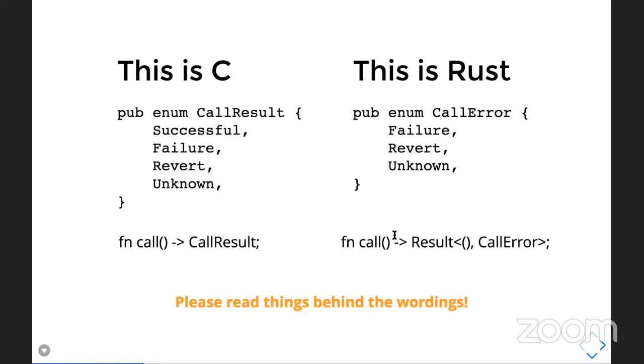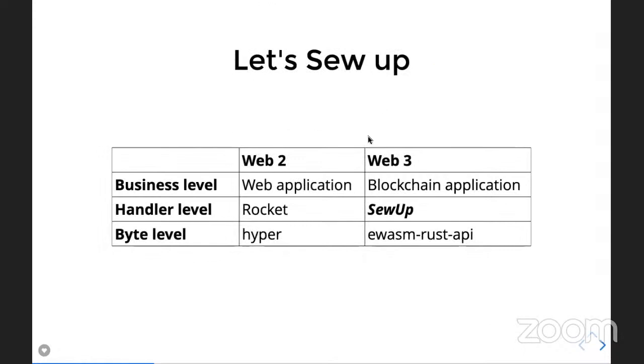So we launched the Sewup project to help people build better applications in the blockchain world. That's Sewup. This is a summary. In Web2, we have business-level web applications. In Web3, we have blockchain applications. At the byte level in Web2, we have something like Hyper, a Rust crate or framework that helps you handle requests and responses at the bytes or string level.